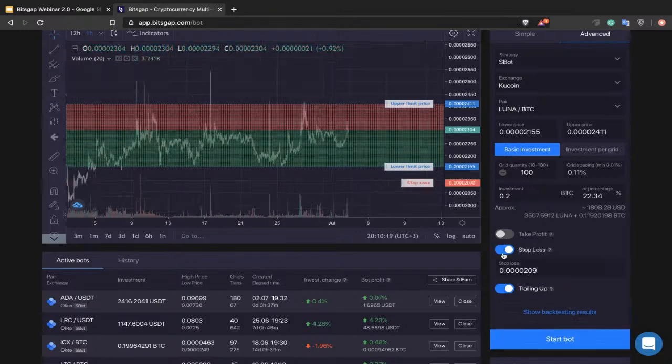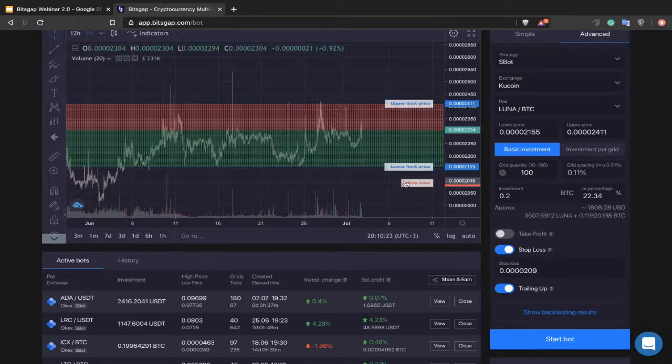I have here also features like stop loss to have a limited risk. So when I have a stop loss on, that means in case the market moves downwards, it will breach the lower limit price, it will go lower than the trading range. As soon as it approaches and eventually triggers the stop loss, the bot will automatically sell the base currency to the quote.